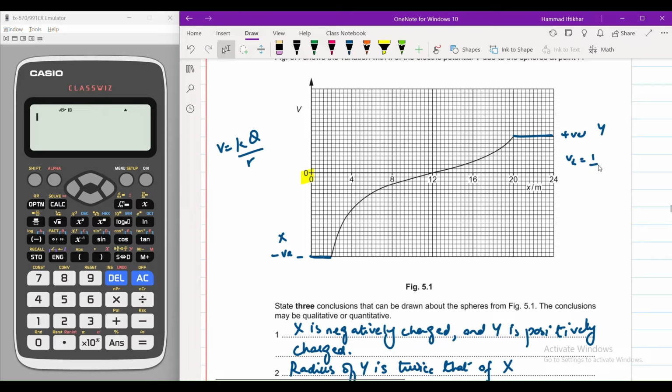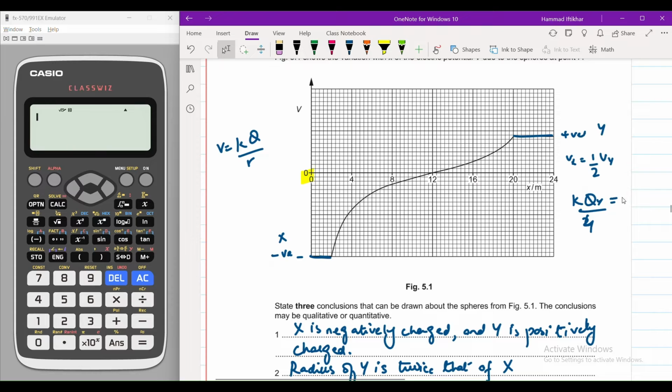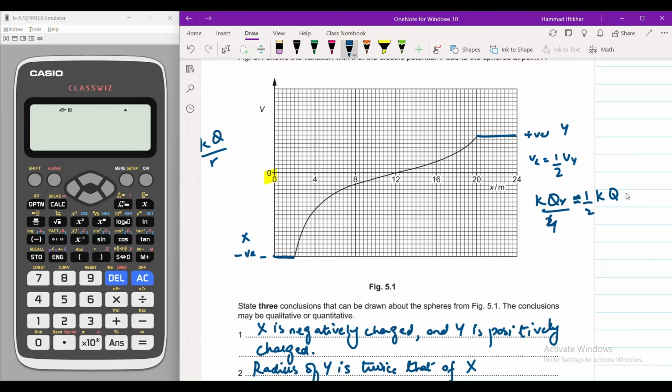So Vy has kQy over 4, and that is approximately half of kQx over 2.